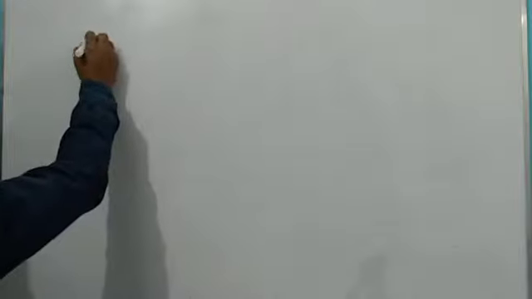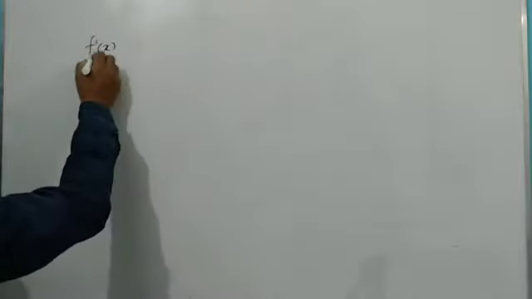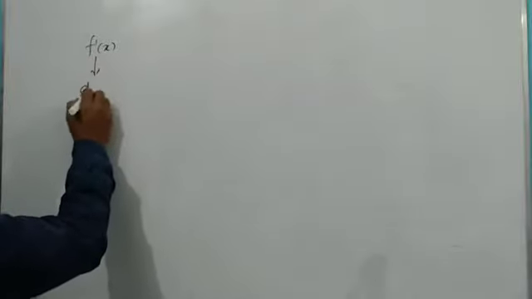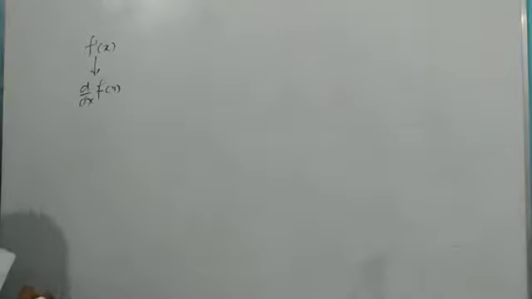Now, few things are there in front of you. As I told you previously, if I am having somewhere f dash x, this one can be written as d/dx of f(x), means the differentiation of the given function with respect to x.